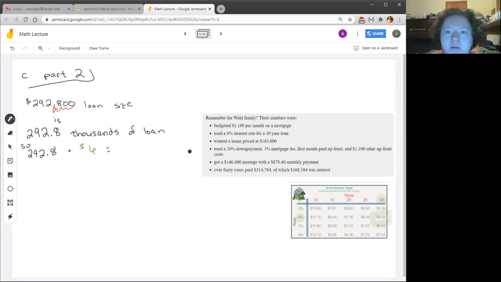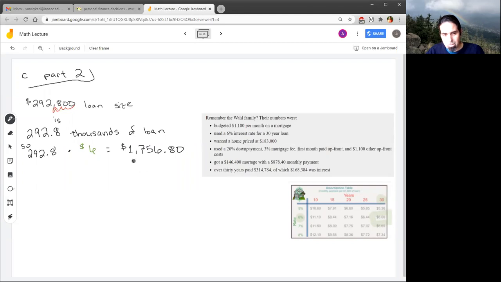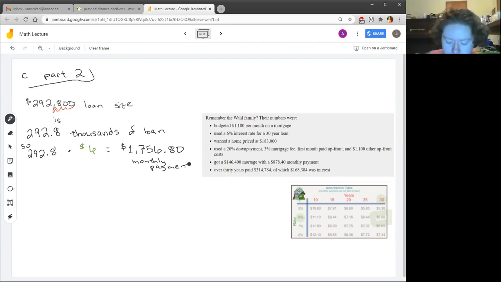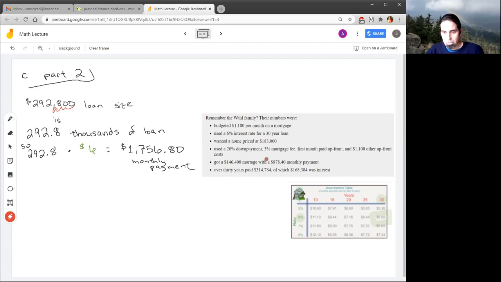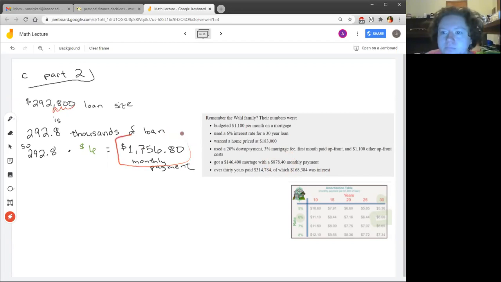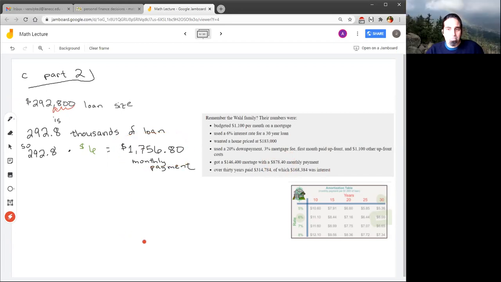That's 1,756.8. So that's their monthly payment. The old one was 878.40. That sure looks like twice it, so that also doubled.